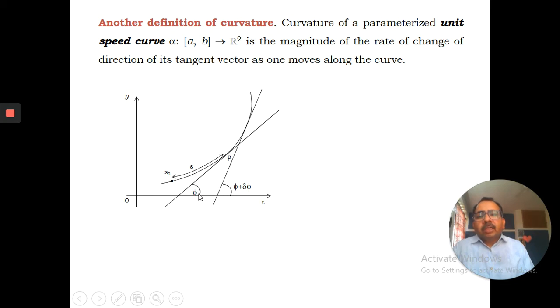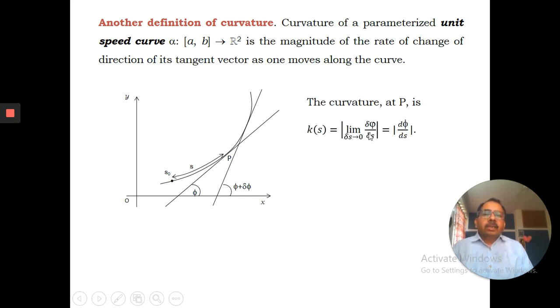So the direction goes from phi to phi plus delta phi, and we need to find the rate of change of this direction phi as we go along this curve. That rate of change of direction phi with respect to s is called the curvature at the point P.